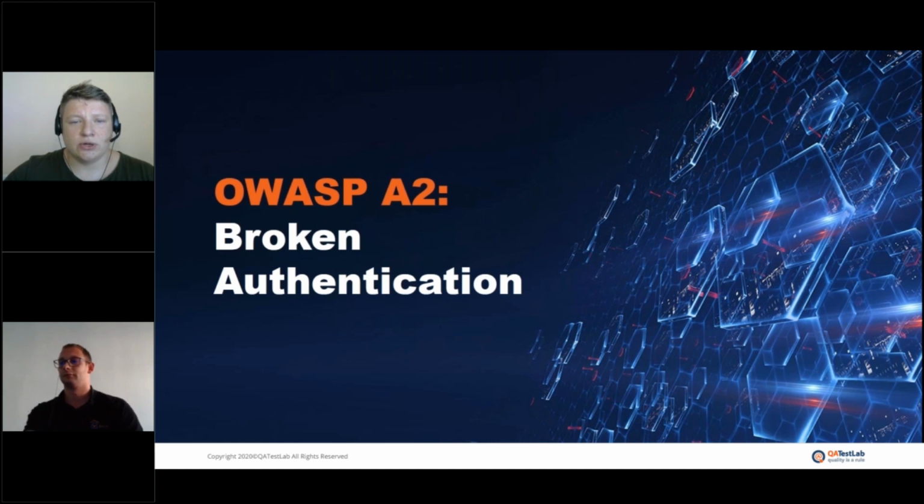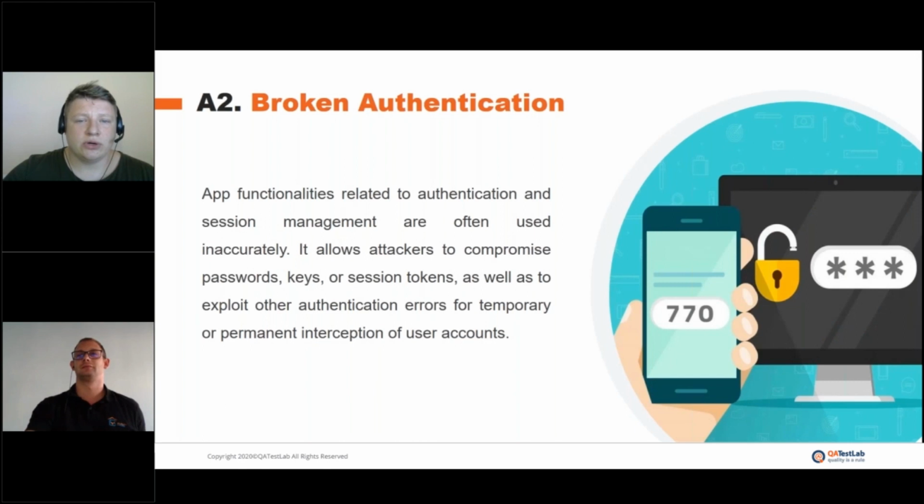Let's move on to the second cyber risk, broken authentication. Maybe you are familiar with it. If you are using public Wi-Fi and suddenly someone starts performing actions on your behalf, congrats, you have been hacked.